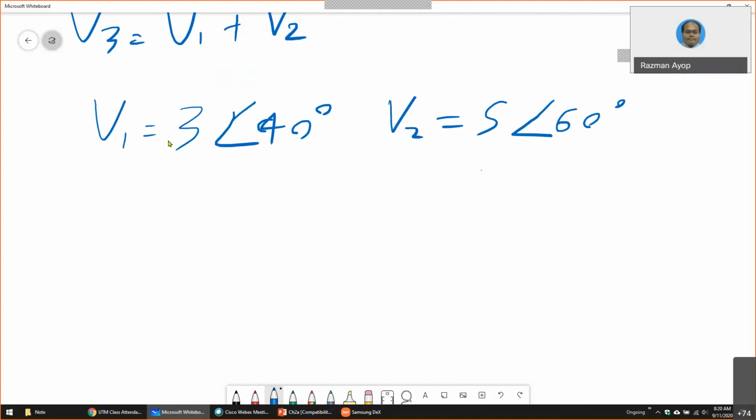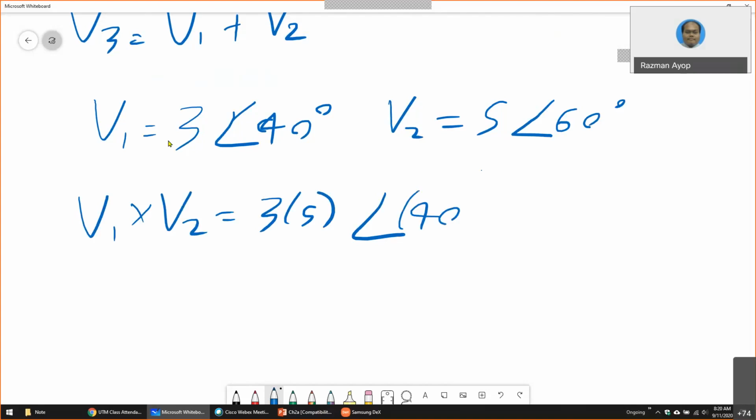So if you want V1 multiplied by V2, it is basically 3 multiplied by 5, and the angle is 40 plus 60 degrees. So the answer is 15 angle 100 degrees. This is the manual way.